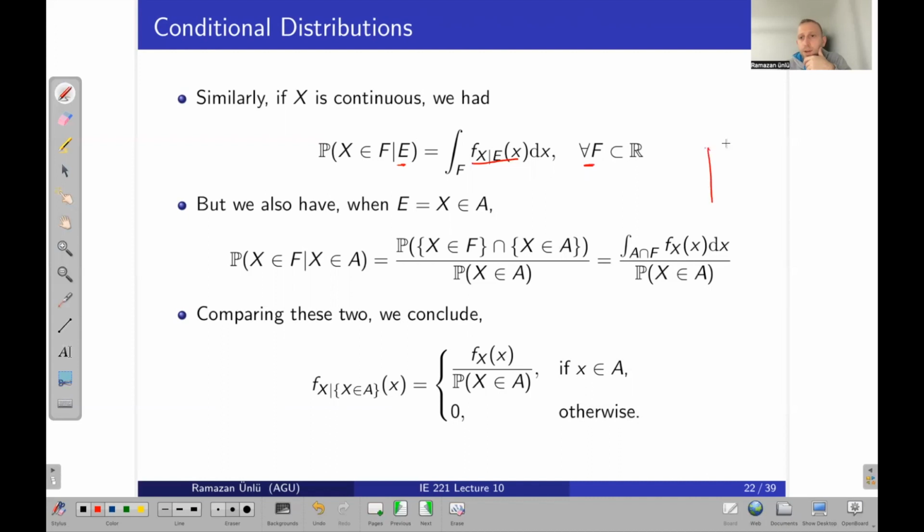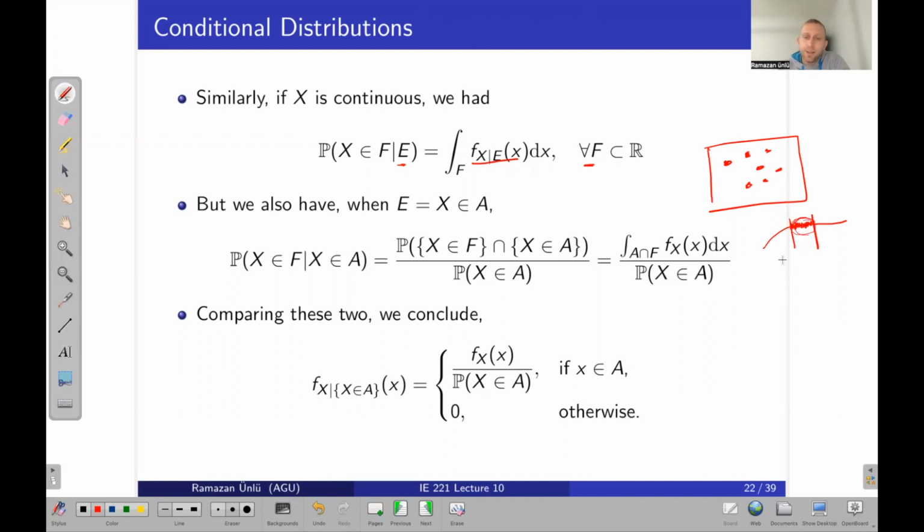So instead of thinking of points, assume that we have a line, because that's a continuous case, and x will take values from this line section, and the conditioned event is this one.